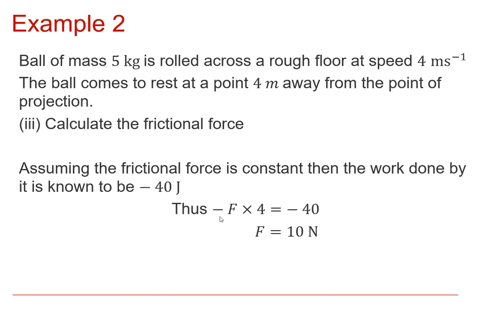We take the negative of the size of the frictional force, because that force is acting in the opposite direction to the motion, multiply that by the distance, so force times distance is equal to work, and we find that the force is equal to 10 newtons.